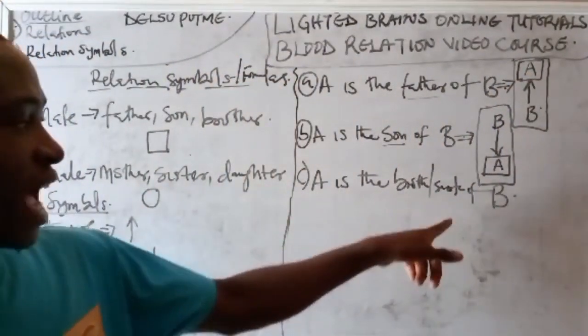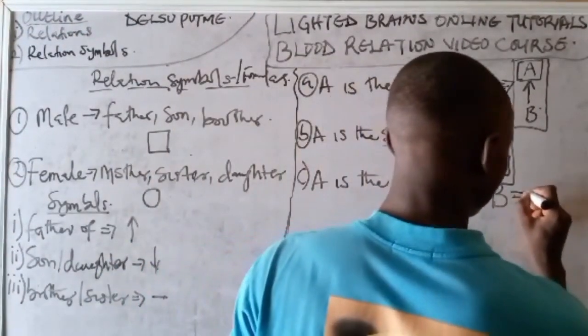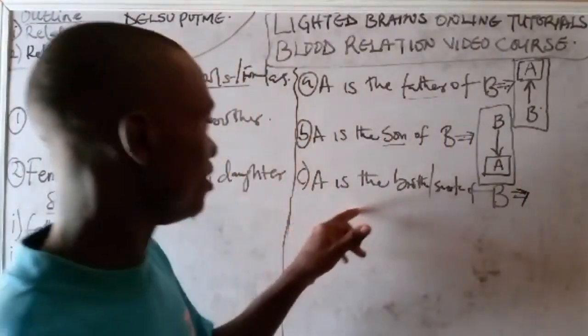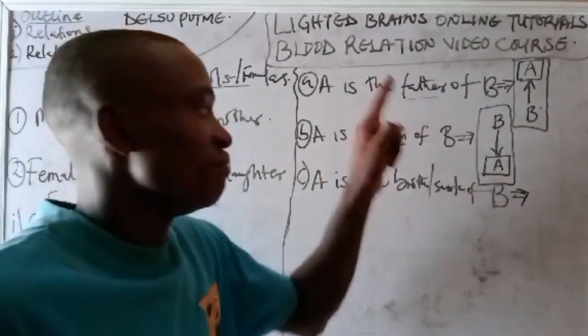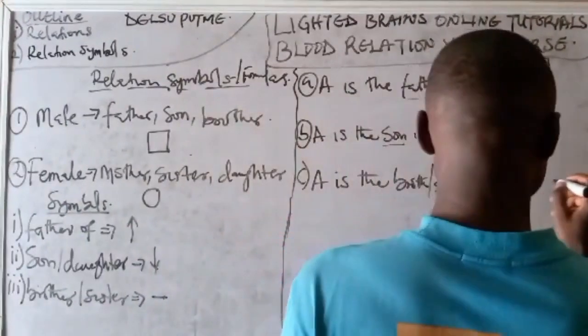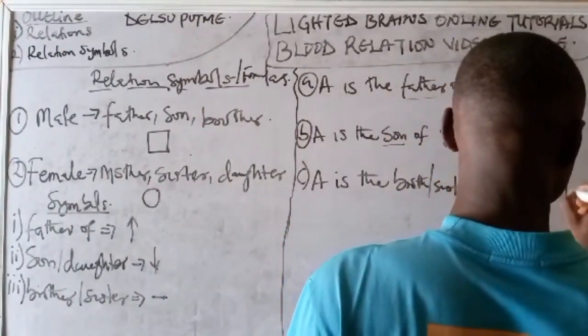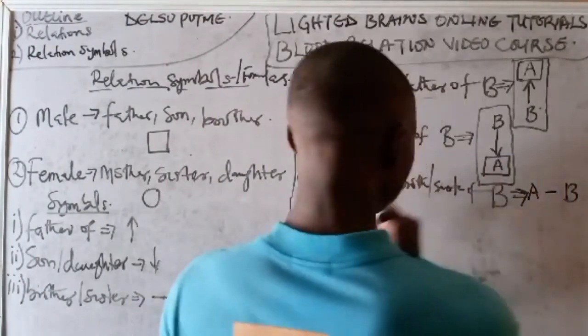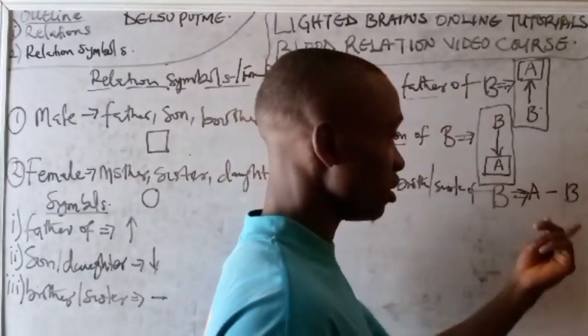A is the brother or sister of B. What they mean here is that A is the brother of B. We know the gender of A, but we don't know the gender of B.